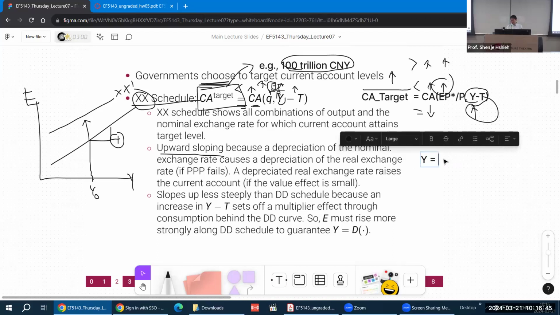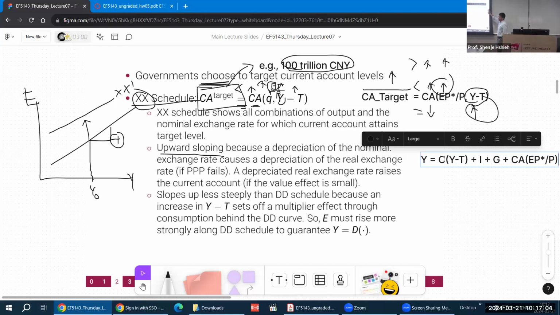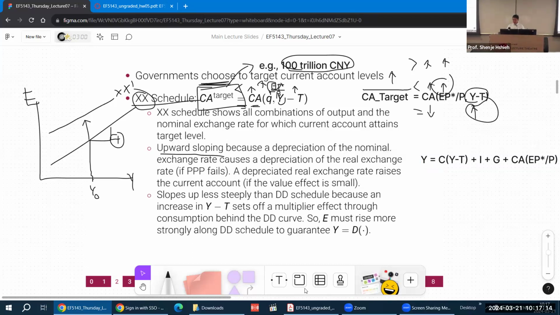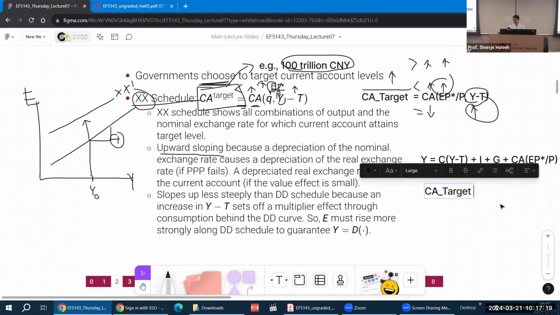So recall the aggregate demand function looks like this, with C and EP star over P. You guys agree that you've seen this before, right? This is the aggregate demand equation. And the current account equation, I'll rewrite it again for comparison.